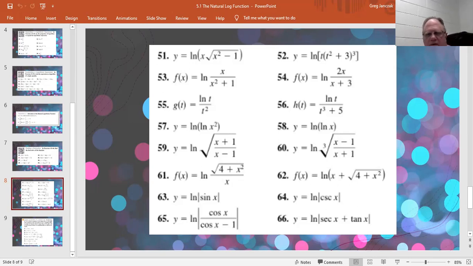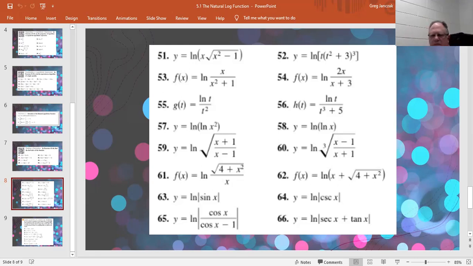Here we have y equals the natural log of cosecant x. Okay, so let's take a look at the derivative for cosecant. d over dx of cosecant x, and we mentioned this once before, is negative cosecant x cotangent x.